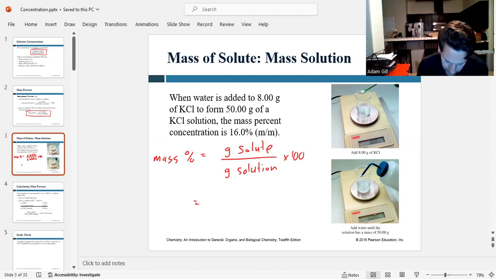And so you have 8 grams of KCl in 50 grams of solution times 100. That will give you 16% KCl.